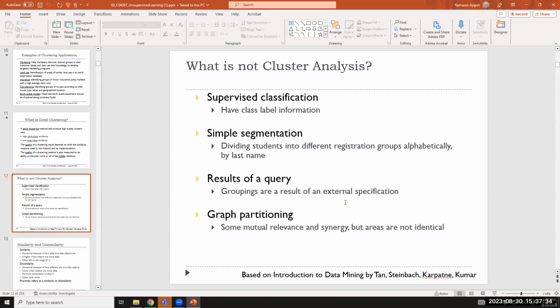For example, you have a directory of students at the university, letters A to C in one group, B to F in another group, etc. That's not clustering. That's simple segmentation. Or results of a query. You may generate a query and find the students who take the advanced machine learning course, and that's not clustering either. Graph partitioning has some relevance, but the areas are not the same.